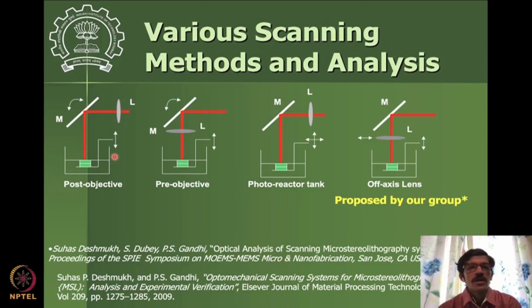For such a small focal spot, it becomes very difficult or infeasible to move this mirror and still keep some reasonable resolution of the component here, because as the laser gets defocused, the resolution gets compromised.